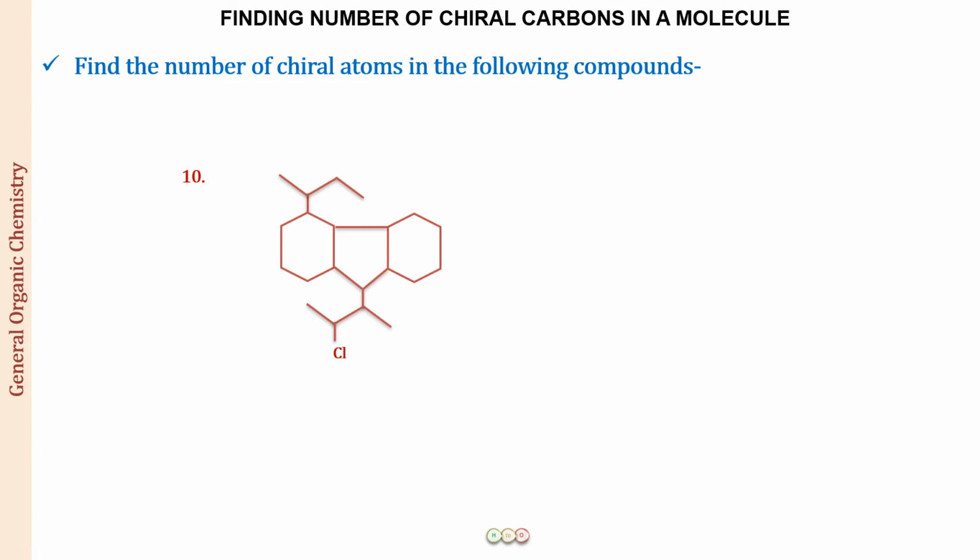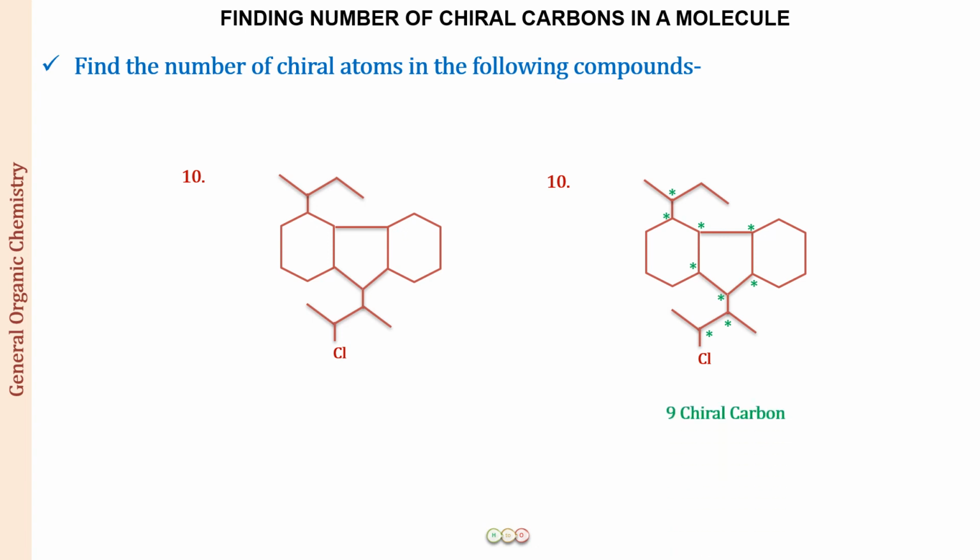And for the rest, you will have to check one by one whether they are having different groups or not. And in this, I have just labeled the chiral centers, and these are 9 of them. So please do ascertain them yourself whether you were able to find all these 9 or not, right?